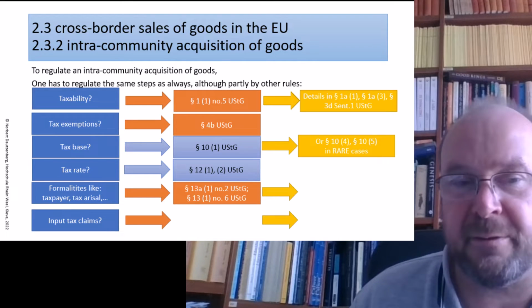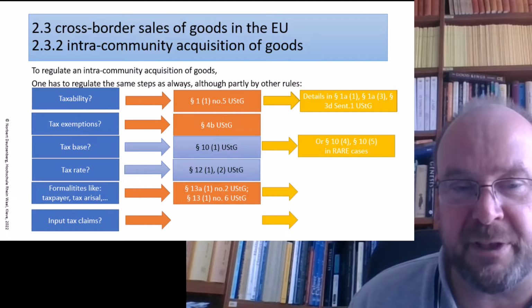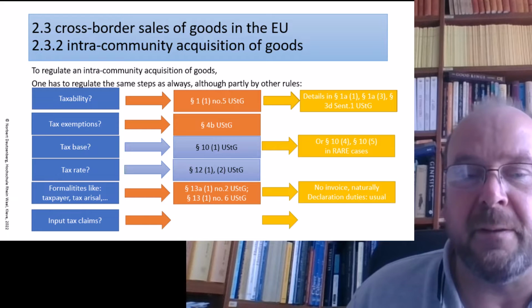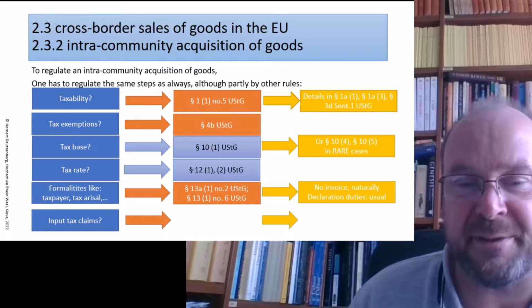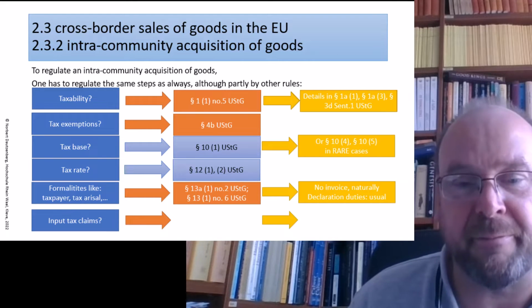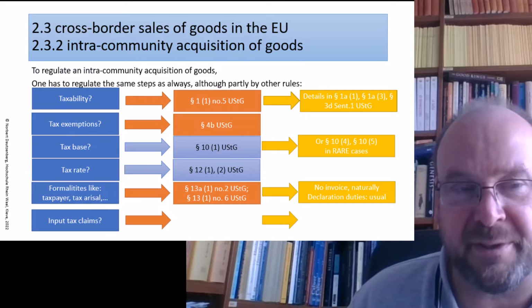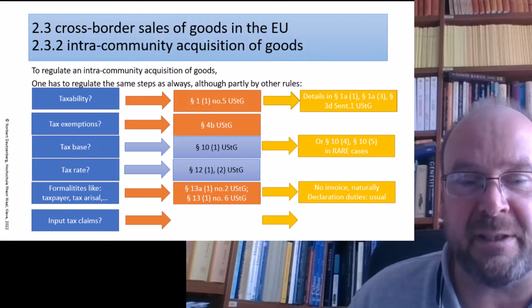We have rules for this particular case, therefore deviating from the general rules in 13 and 13a. Peculiarities with regard to the invoice cannot happen because a buyer doesn't write an invoice. And also declaration duties are nothing special. You just declare that in your own tax declaration. Let's have a look to the relevant rules here.